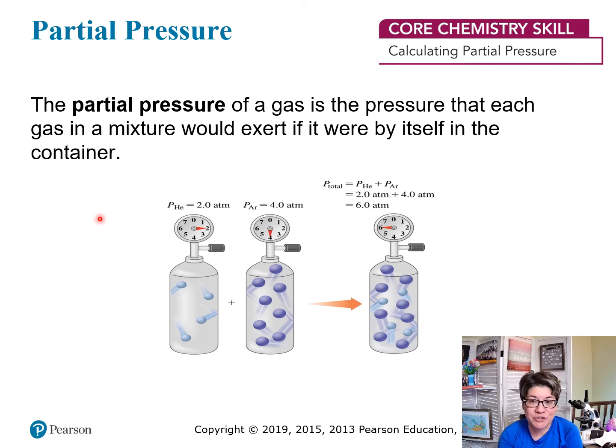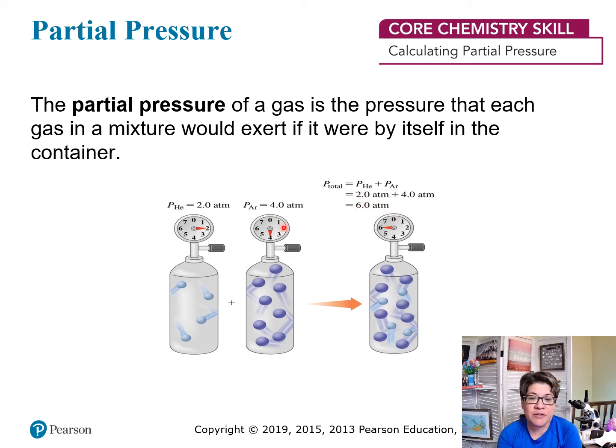All right, so partial pressure is defined as the pressure that each gas exerts in a mixture. And so if you're looking at this container here, you have a container that has multiple gases in it. So you have some helium in it, you have some argon in it. The pressure in this container is the same as if you had these two gases in separate containers. So if my helium was at 2 atmospheres and my argon was at 4, and then you put them together in the same container, your total pressure would be 6.